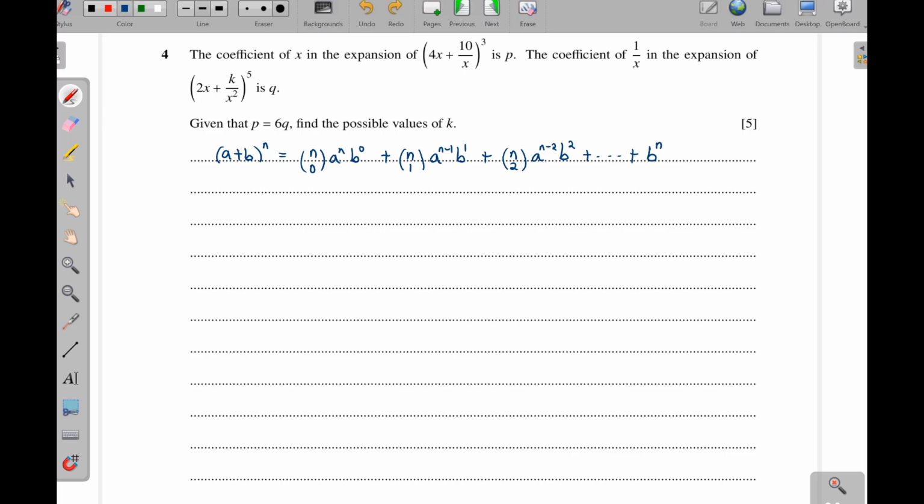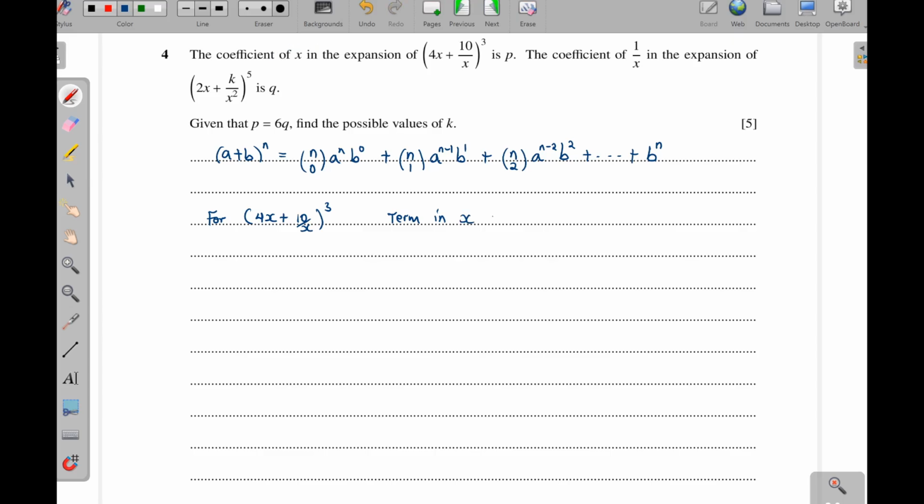So if I want the term, then it is n combination the power of that second term, and also this one here. So for this one here, 4x plus 10 over x, to the power of 3, we need the term in x, okay?